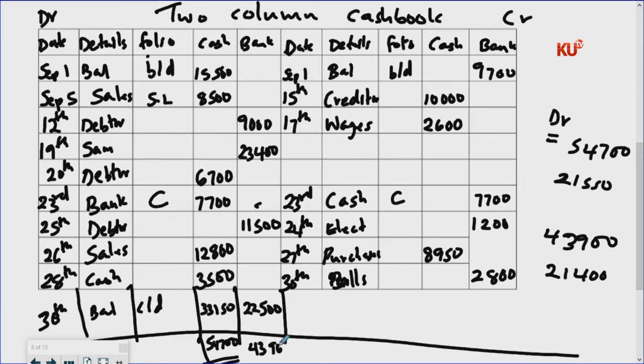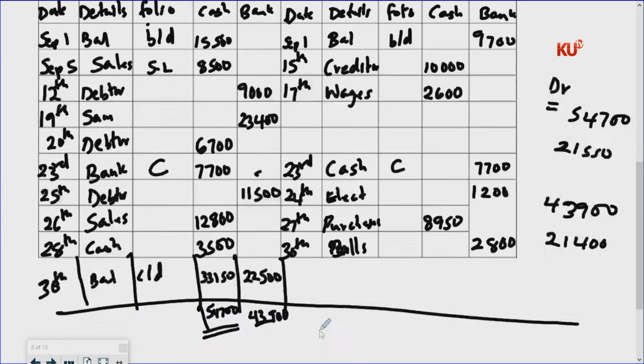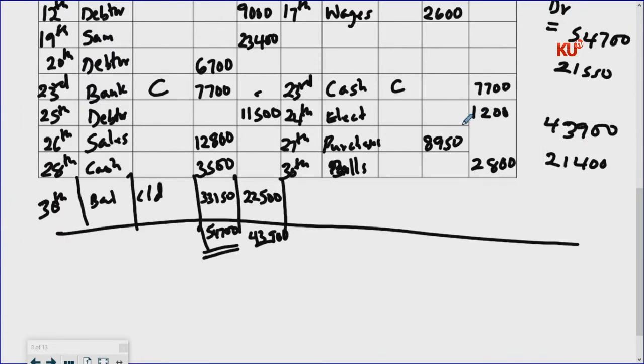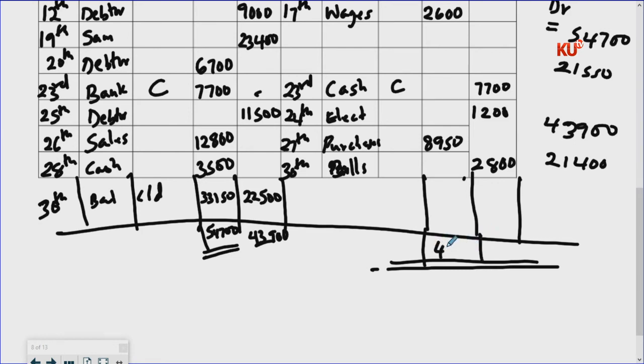So the total is 43,900. And so we have our total on this side. Again, it will be the same total. So we have to underscore this. They should be in the same line.